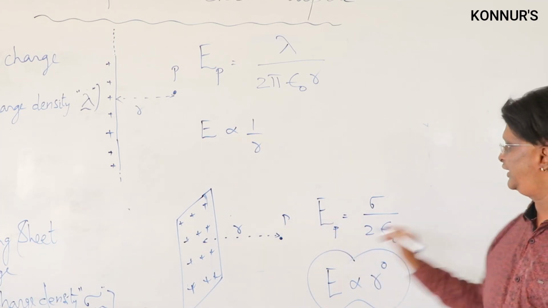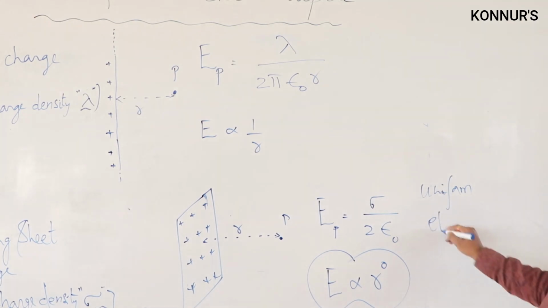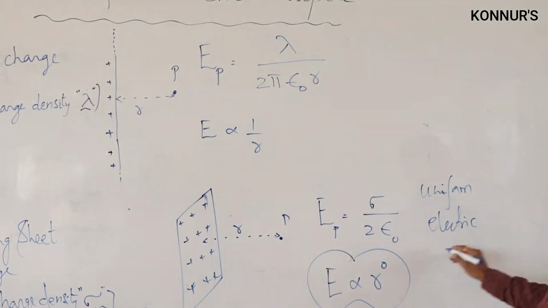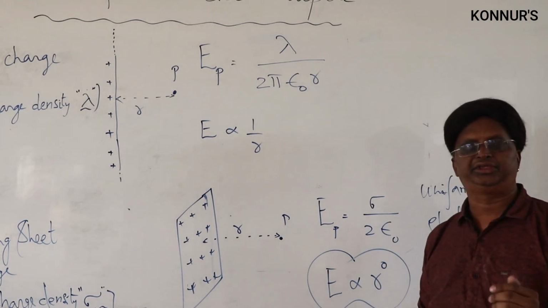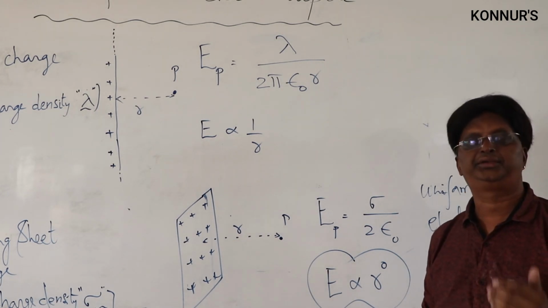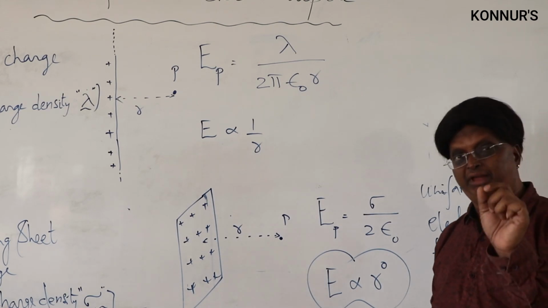So this is an example of a uniform electric field. In all the other cases that we have seen, it was a non-uniform electric field, with intensity and magnitude changing at different distances. Of course, not to forget about the direction.